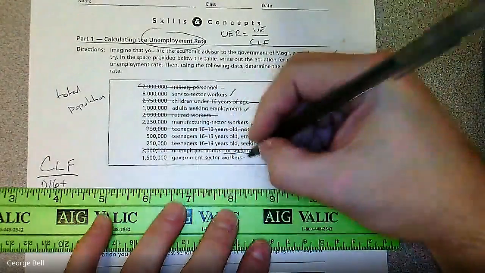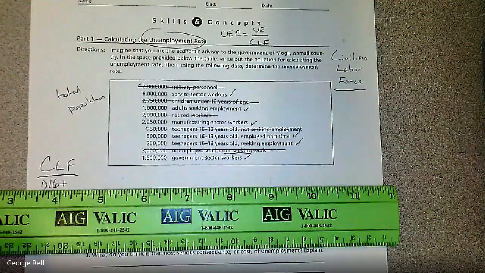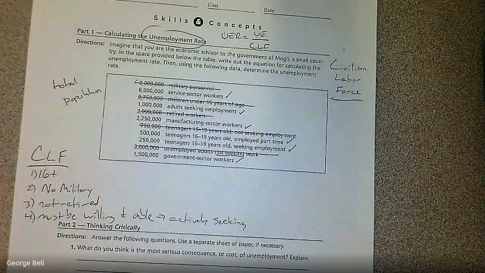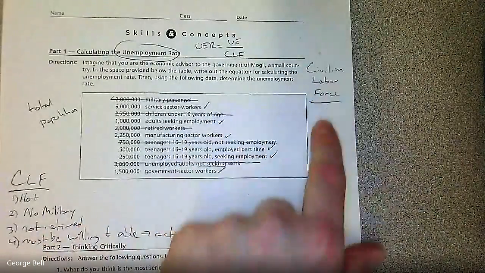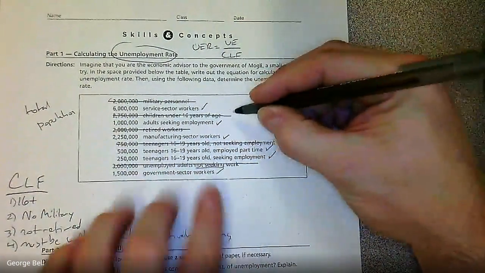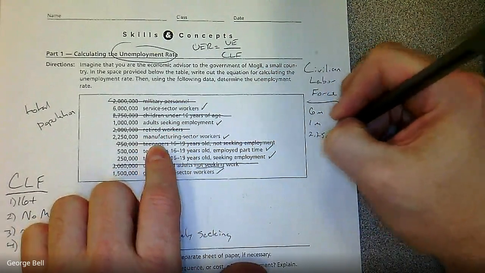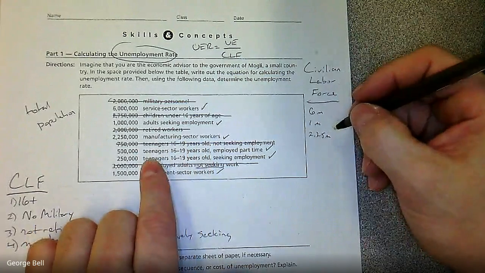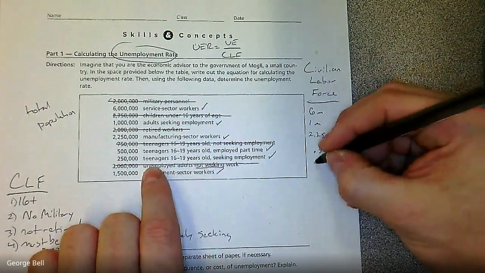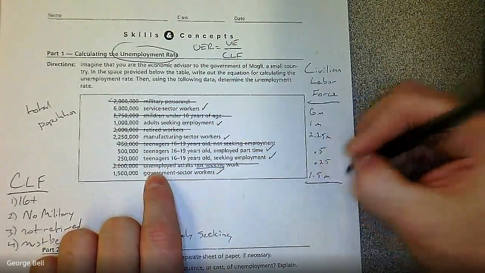Now, finally, we have the 1.5 million government sector workers. They are in. They're in because that's people like me. And honestly, down the road, something like a third of you will most likely be government employees. To calculate the civilian labor force, we have to add up what we just did. We have 6 million service sector workers, 1 million adults seeking, 2.25 million manufacturing sector workers, 500,000 teenagers employed part-time, 250,000 seeking, and 1.5 million government sector workers.